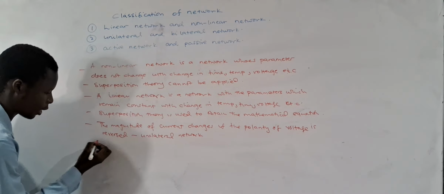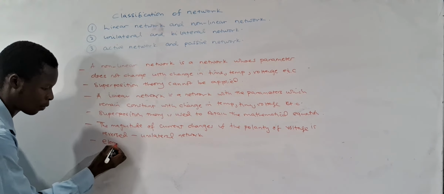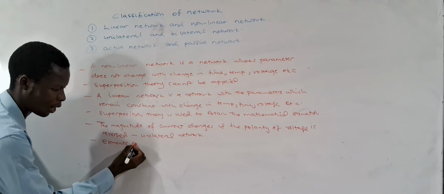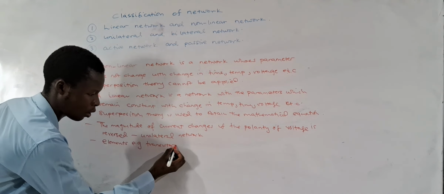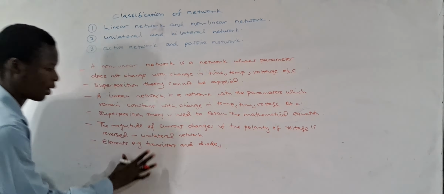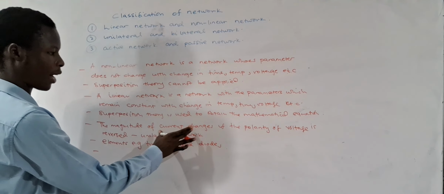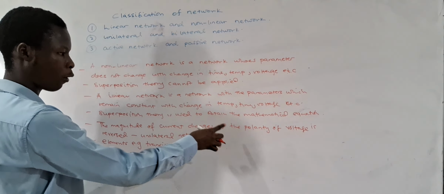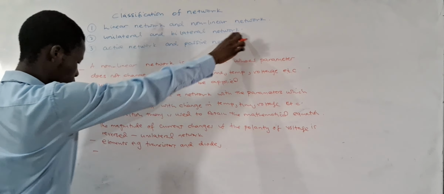A unilateral network consists of elements like transistors, and what? And diodes. So the magnitude of current does not change if the polarity of voltage is reversed in a bilateral network.